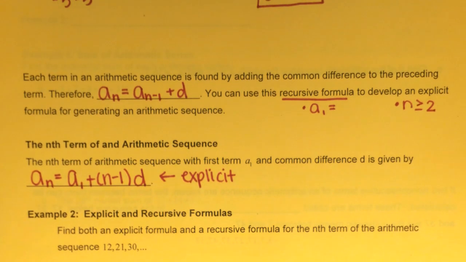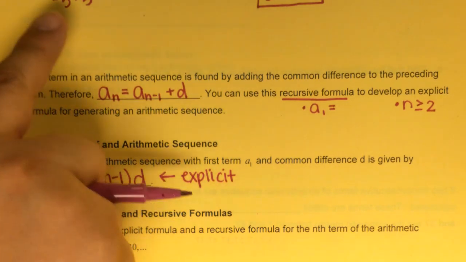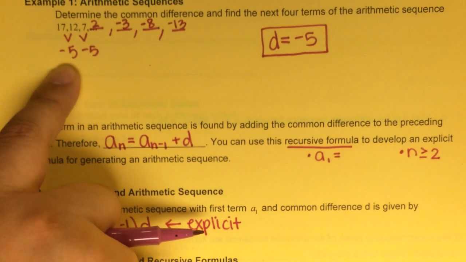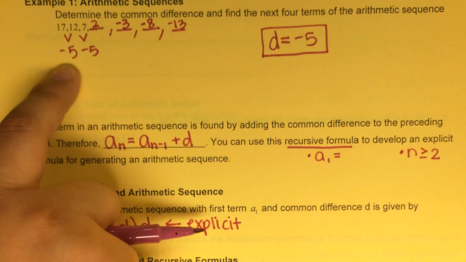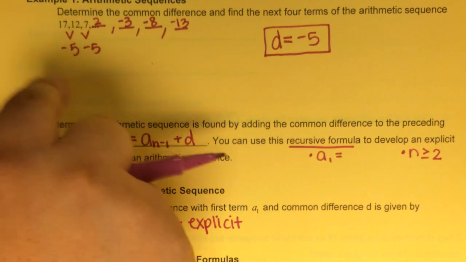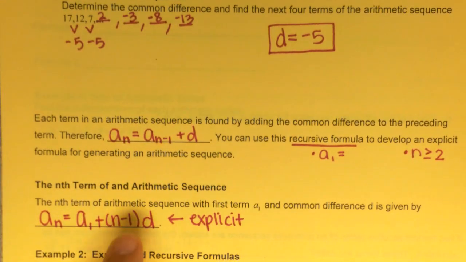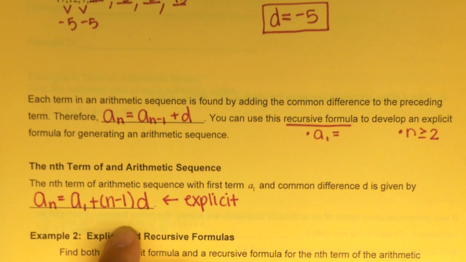I want you to memorize this equation. On the quiz, you can still do like you did on the quiz. You could say, hey, this is going by -5, -5, so it's going to be -5n, and then plug in to figure it out. But you need to memorize this equation because what if I don't have everything I want? What if I don't know what the D is? That's going to be the point of this equation.